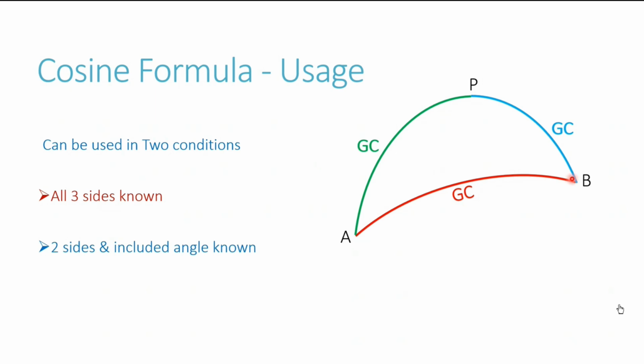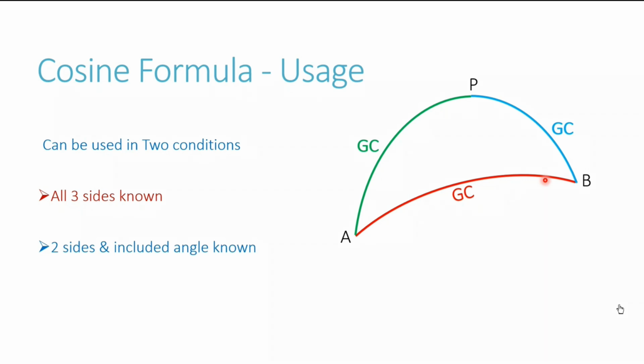Now, once the missing side has been calculated, then we again have access to all the three sides of the triangle, and the remaining two angles, that is angle alpha and angle bravo, can also be calculated and found out. Now, important thing to understand here is that the angle which you know should always be the included angle.